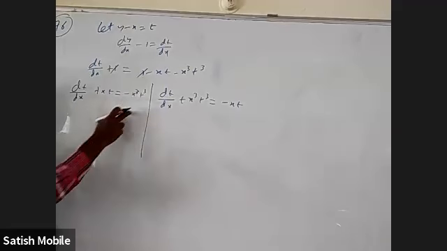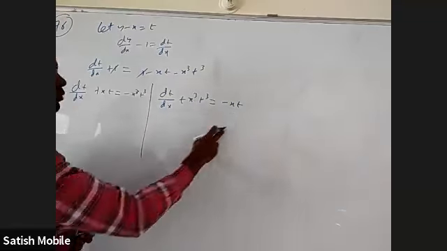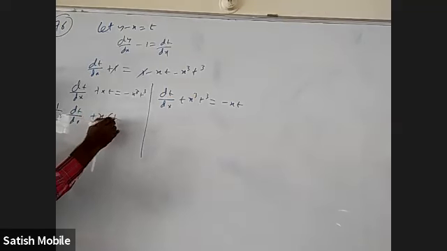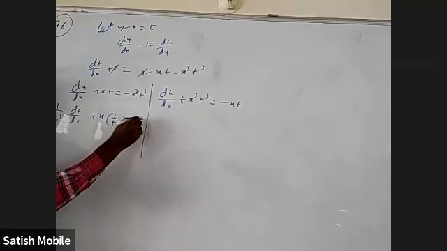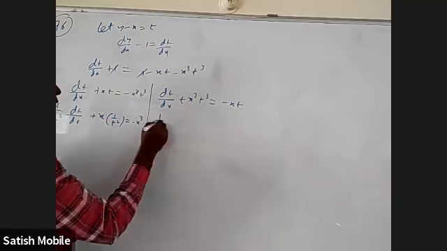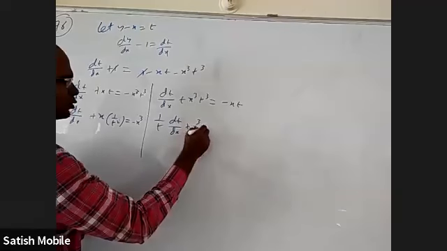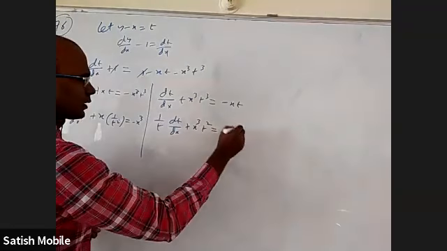Now I don't want any t, so I have to divide with t cube. If it is the other, I have to divide only with t. If I divide by t cube, I'll get 1 by t cube dt by dx plus x into 1 by t square minus x cube. If it is here, 1 by t dt by dx, x cube t square minus x.